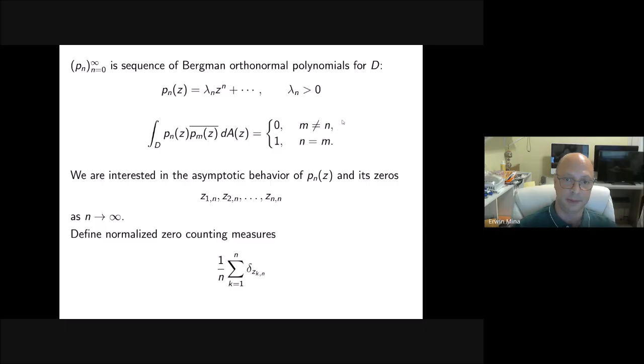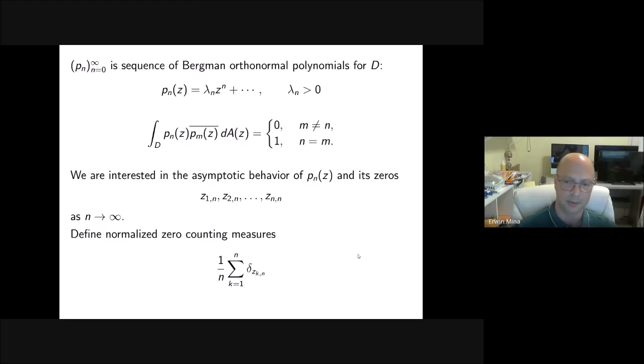What we are interested in here is understanding the asymptotic behavior of these polynomials, and also the asymptotic behavior of the zeros of the orthonormal polynomials, as the degree approaches infinity.